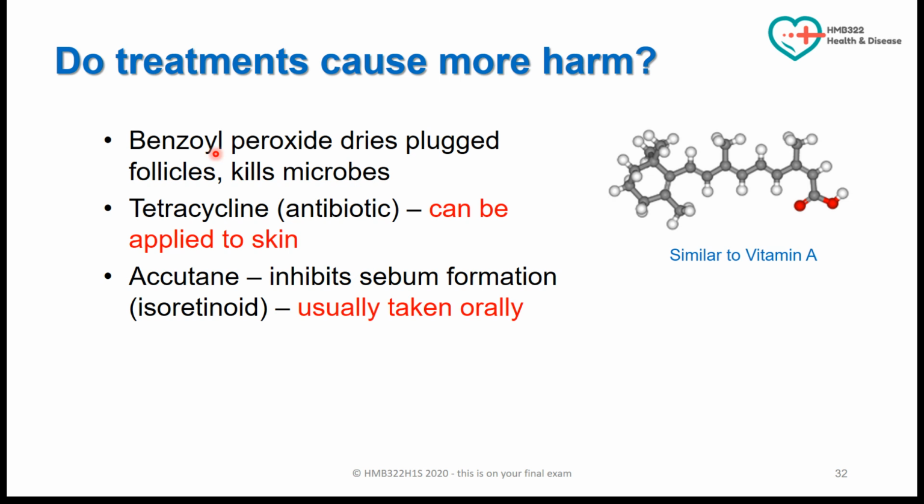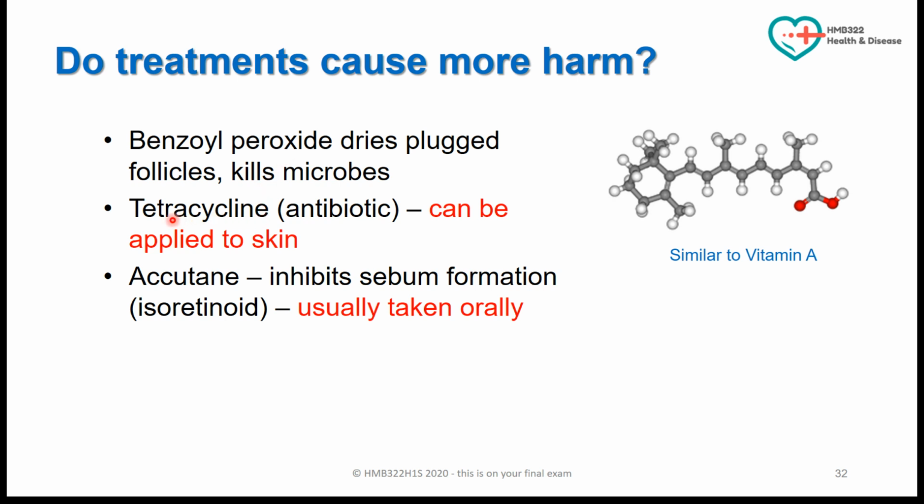Some of you will know that many of the skin cleansers actually have mild acids like ASA, the same thing that you have for aspirin. Benzoyl peroxide just dries out the sebum completely, so no sebum, and it'll also kill off some of the bacteria. You don't produce this acne.